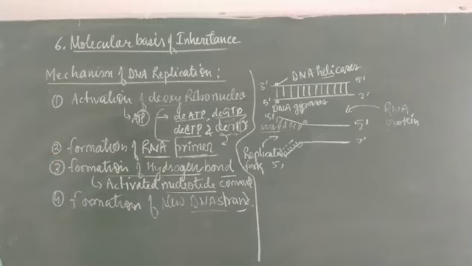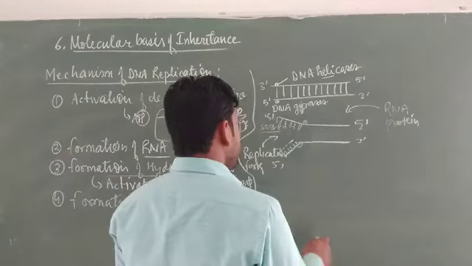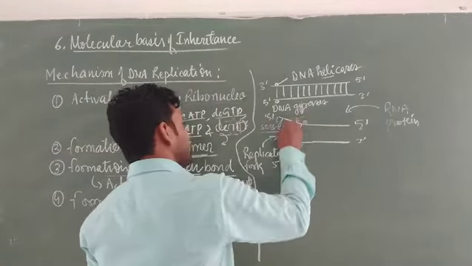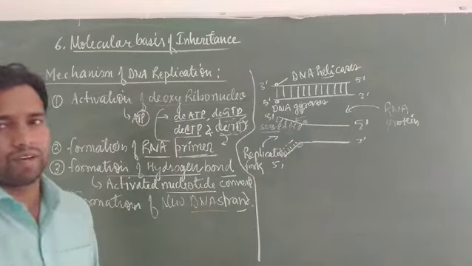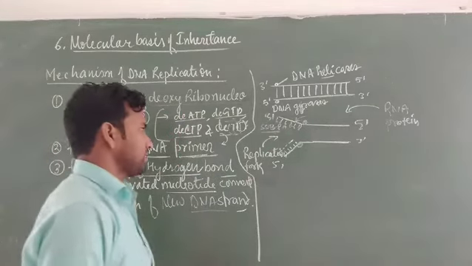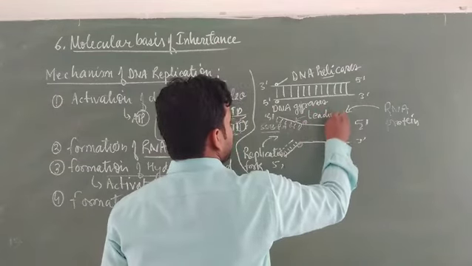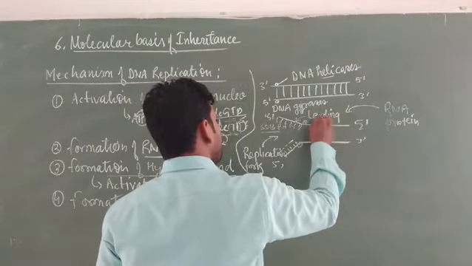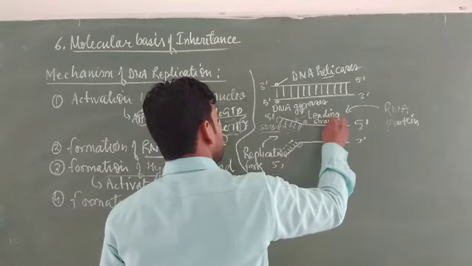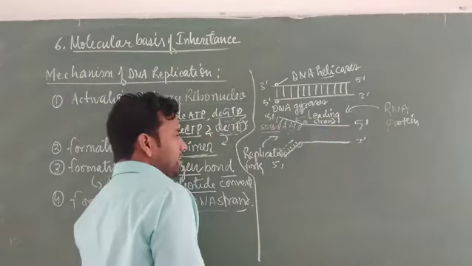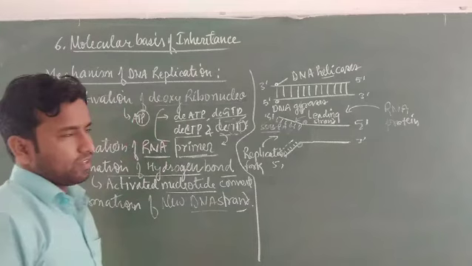Now the DNA having orientation 3' to 5', the parent strand 3' to 5'. Here the synthesis of RNA primer takes place in 5' to 3' direction. This strand is called the leading strand.